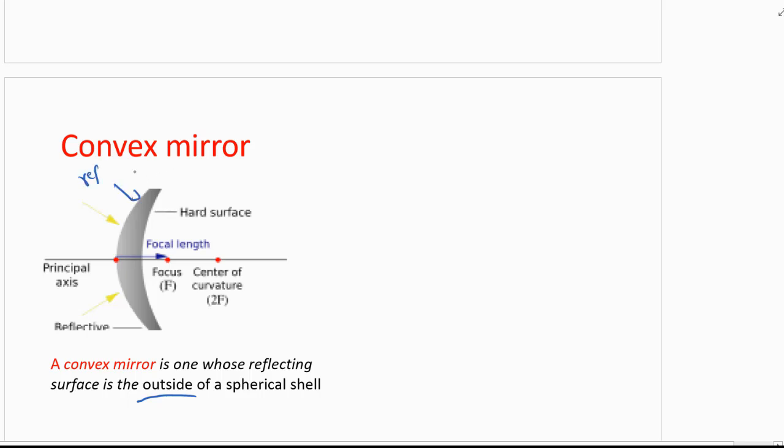The reflecting surface is opposite from concave. In a concave mirror, the inside surface is the reflecting surface, but in a convex mirror, the reflecting surface is the outside surface. The image formed here is always virtual, because we only have one case.